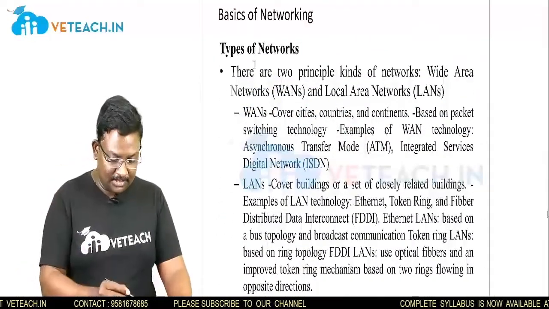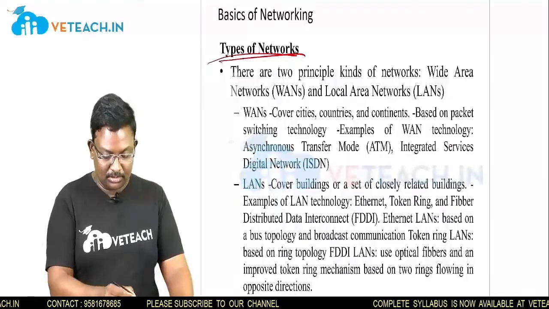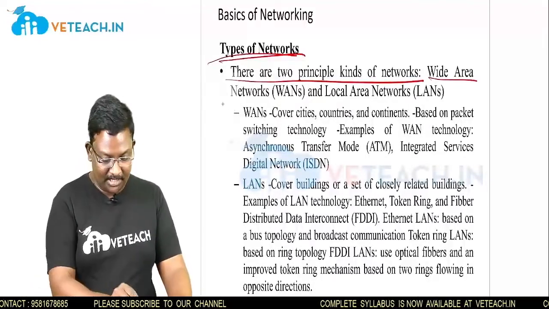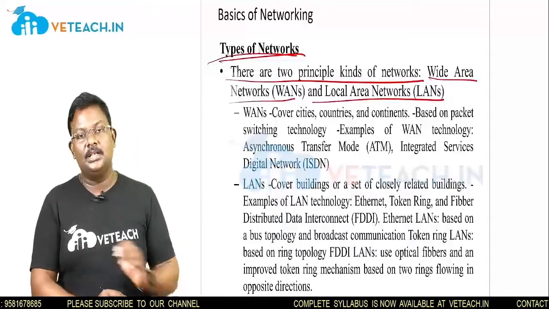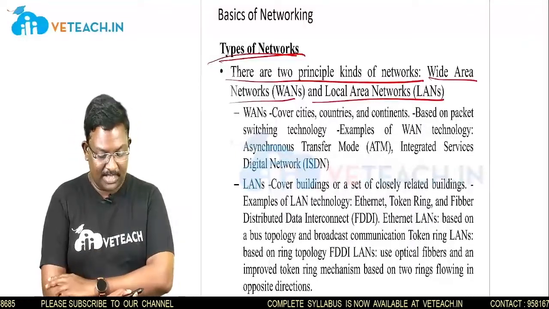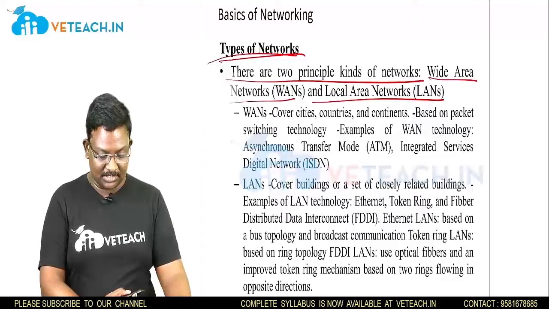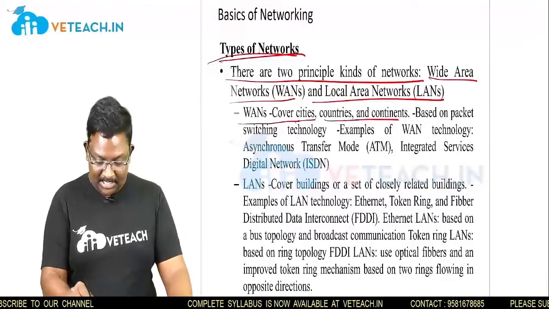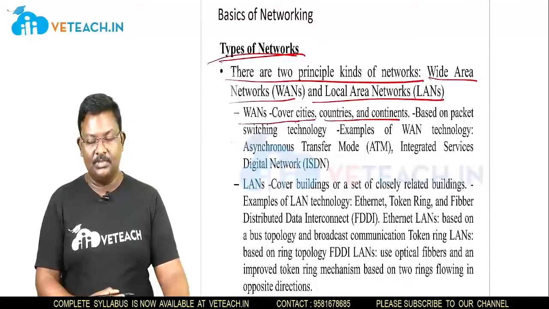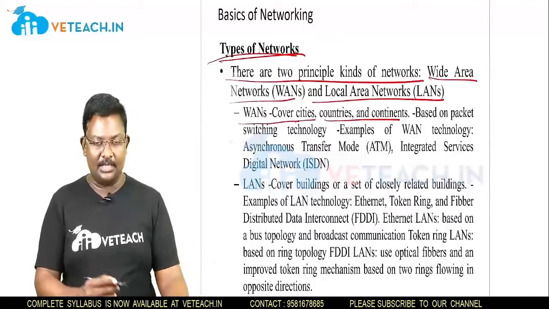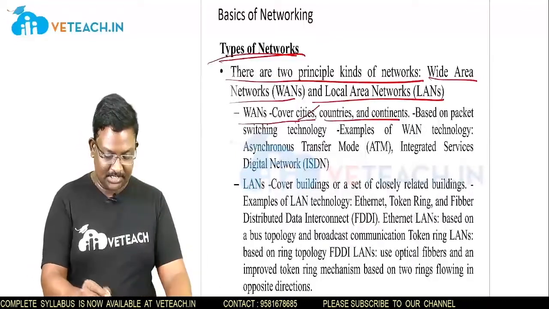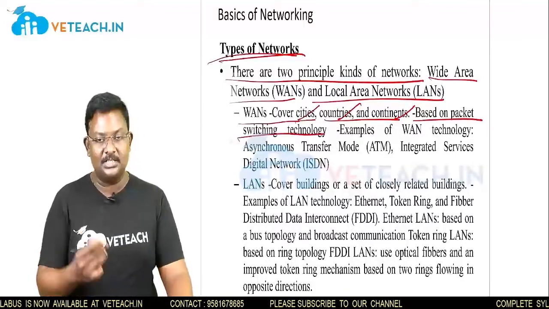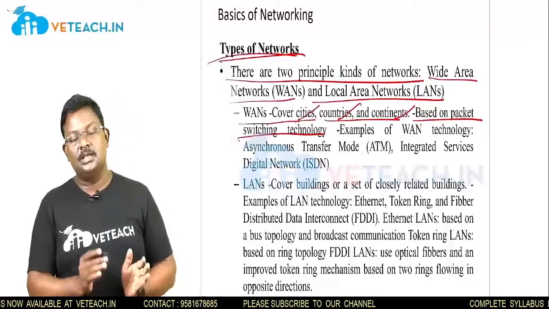Coming to the types of networks, there are two principal kinds: wide area networks and local area networks, WANs and LANs. WANs cover large cities, countries and continents. They are based on packet switching technology, where packets are switched from one source to another.